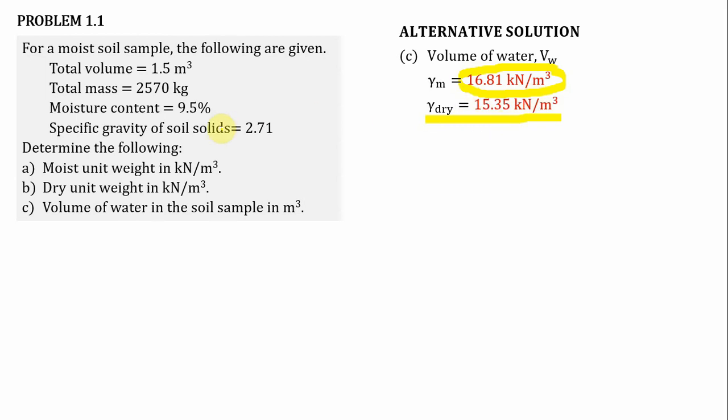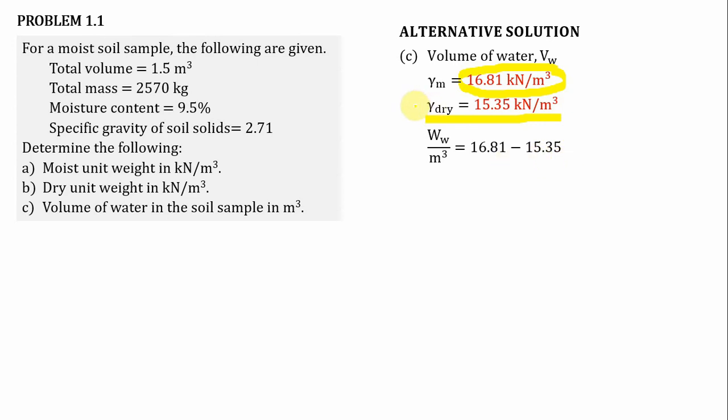So, this should be our solution. Let's assume that we have every 1 cubic meter. The weight of water per cubic meter is equivalent to 16.81 minus 15.35 kilonewton per cubic meter.